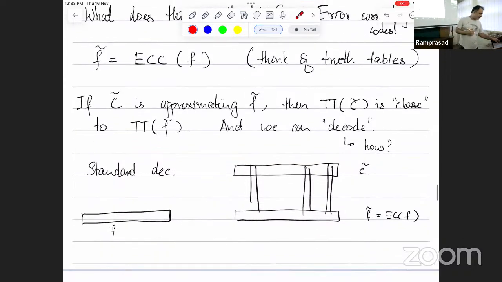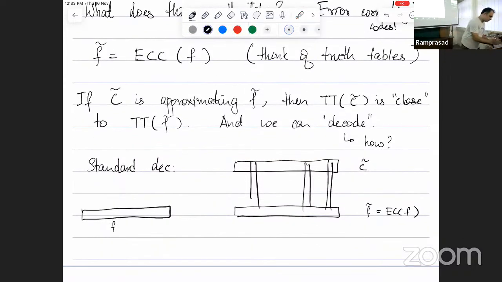Okay, so now let's ask ourselves, what do we really want? When we say I want to compute F exactly, I am given a specific input X, which is like one coordinate in the message. I don't really care about the entire truth table of F at all. I just want to know in the corrected message, what does that bit correspond to?